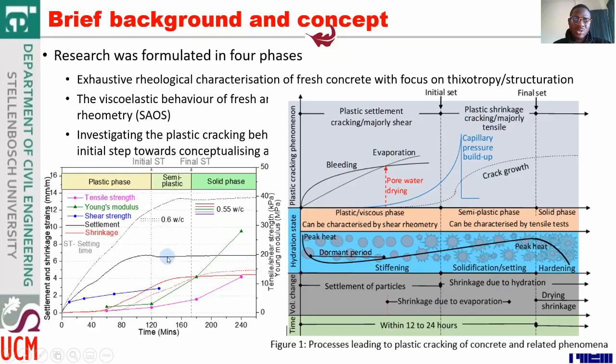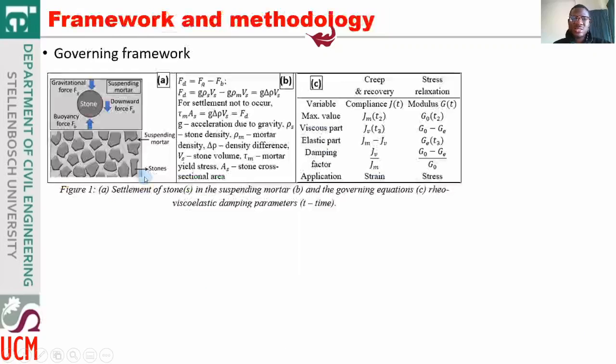These are some of the results of this study and some other studies from our unit. You can see that during this early period, the concrete has more shear strength and shear properties, while having lower tensile properties, and therefore this study is mainly focused on this part, in which the concrete is in its plastic phase, up to the initial setting time.